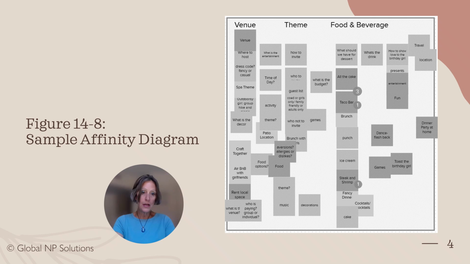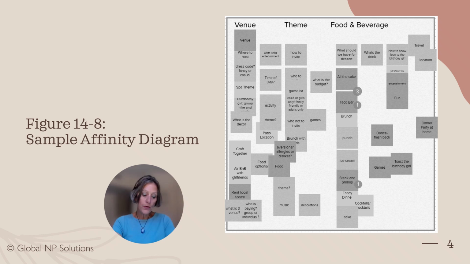Figure 14.8, shown on the screen, gives the resultant clusters for ideating for a women's birthday party: venue, theme, food and beverage. This particular example used a virtual whiteboard, and individual sticky notes were originally randomly placed within a frame. A trained facilitator can streamline completion of an affinity diagram, especially for large groups.